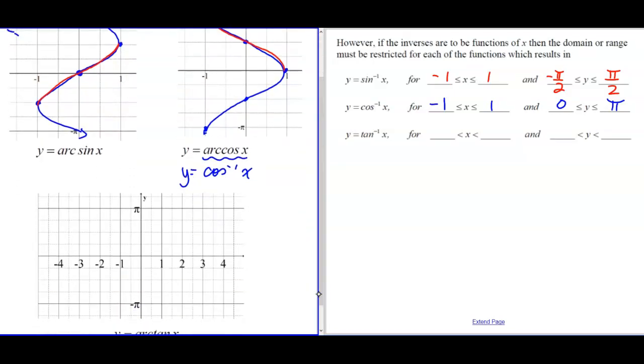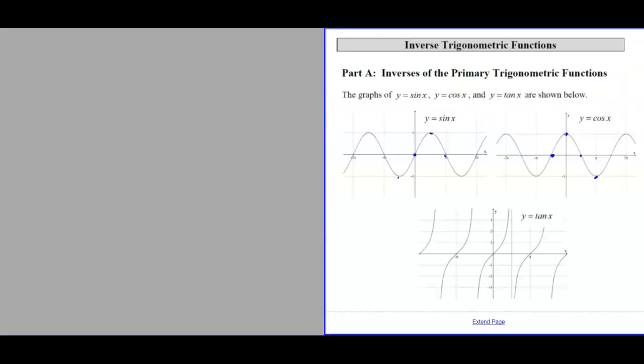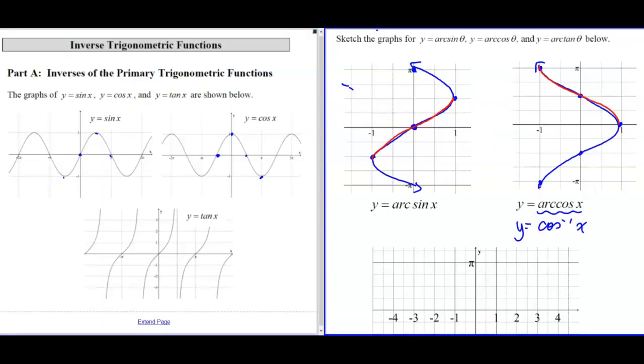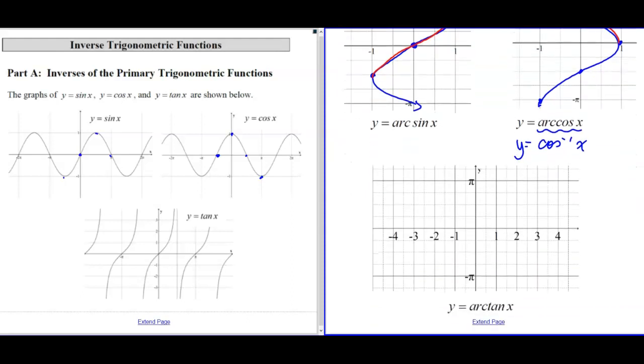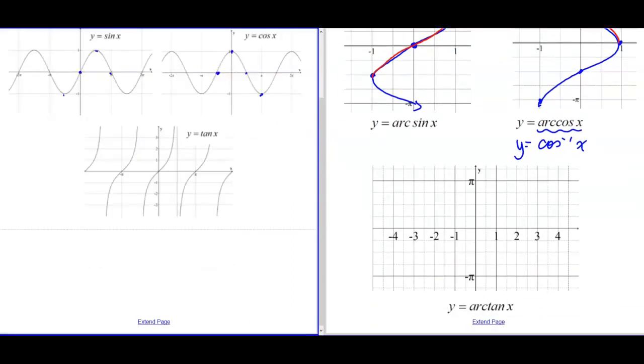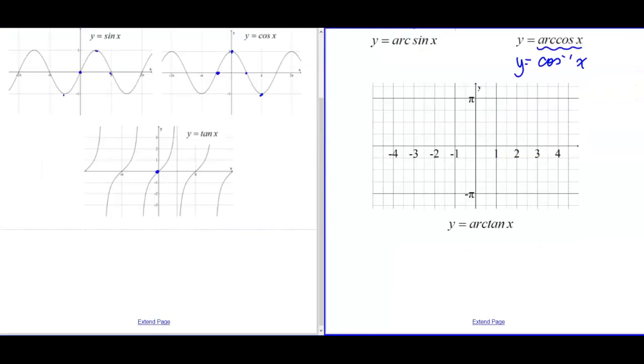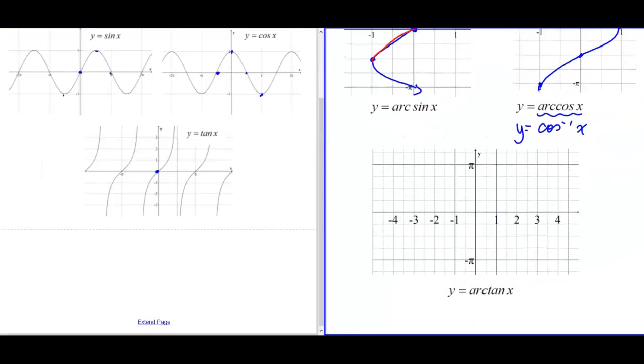Okay, then do the same for tan. So (0, 0) stays as (0, 0). Think about the asymptotes.